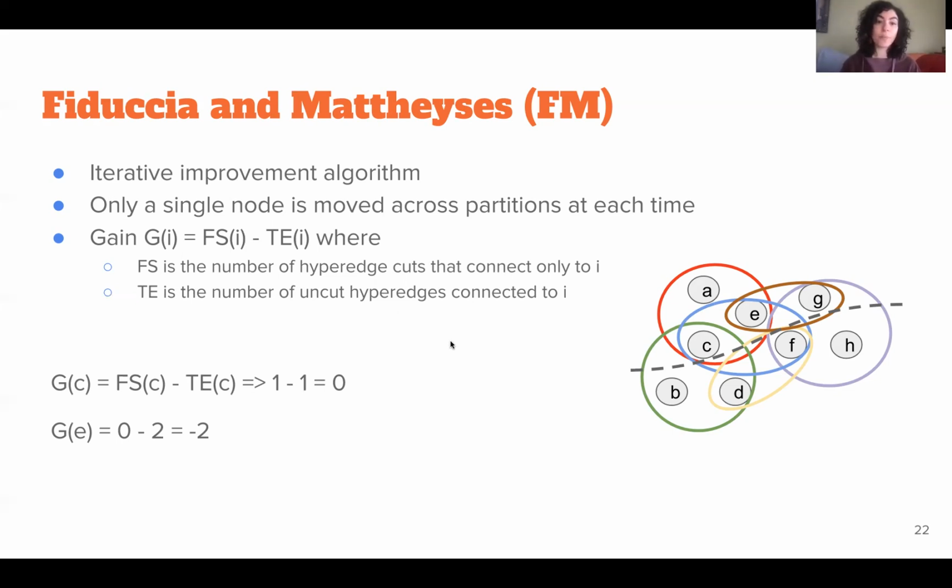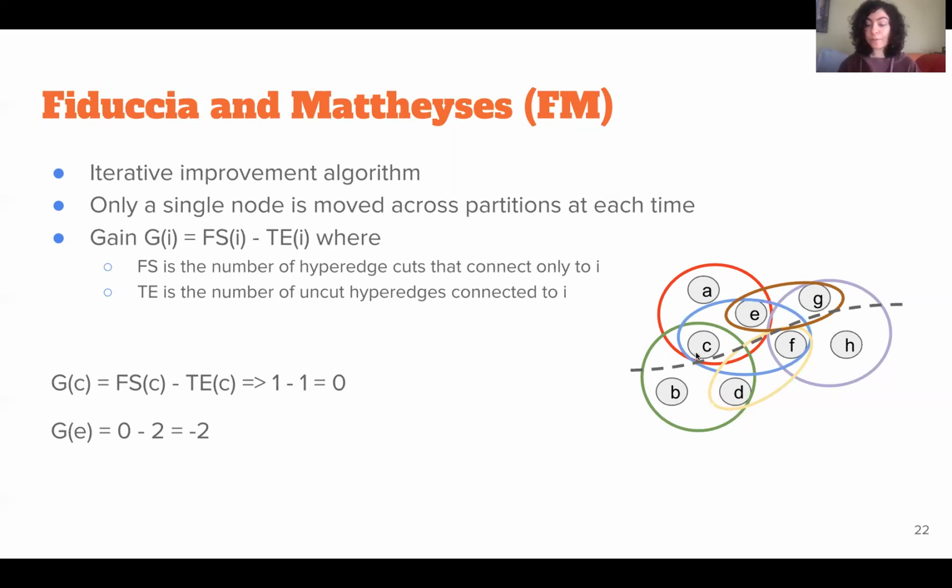The way that we compute this gain is with the formula FS minus TE, where FS is the number of cut hyperedges that connect to node I, and TE is the number of uncut hyperedges that connect to node I. For example, the node C here is connected to 3 hyperedges, the green, the red, and the blue. In the green hyperedge, C is the only node in the other partition compared to its neighboring nodes.